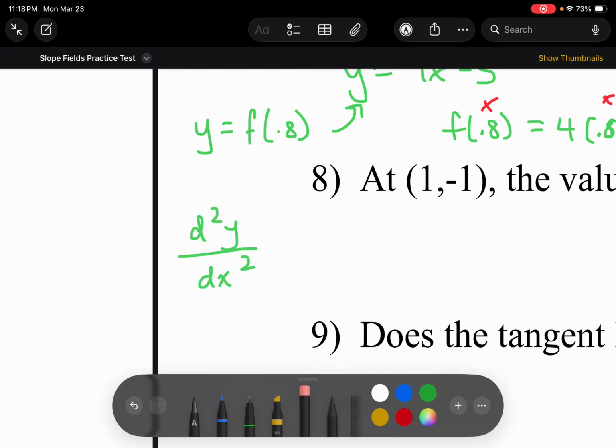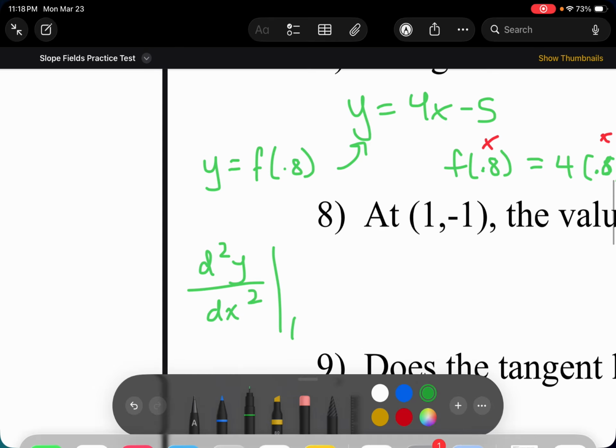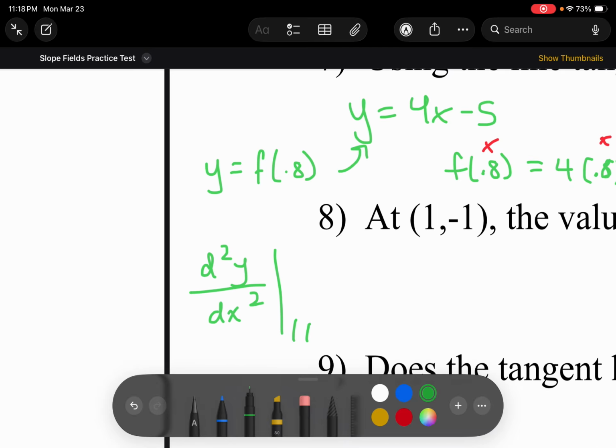We're going to evaluate this at the IC, 1 comma negative 1, which is going to be 4 times 1 squared times negative 1 squared.